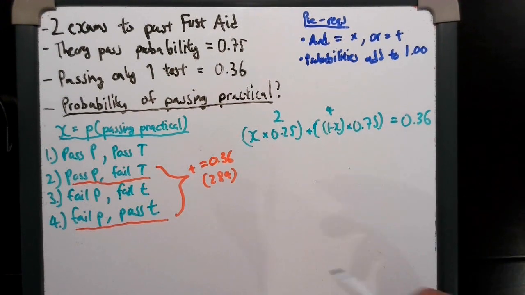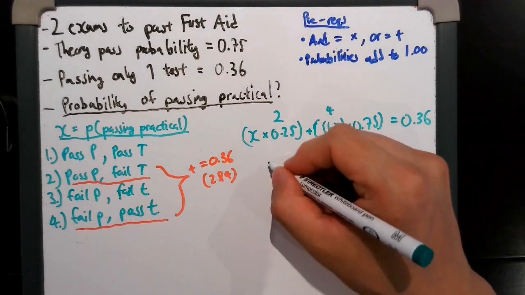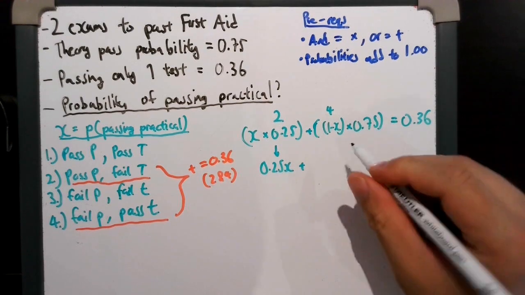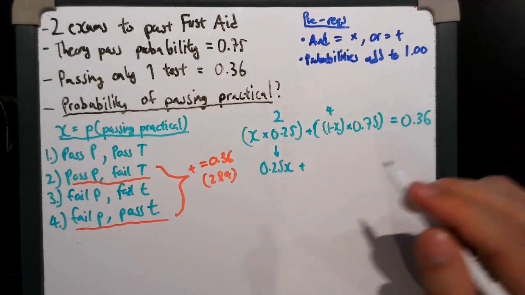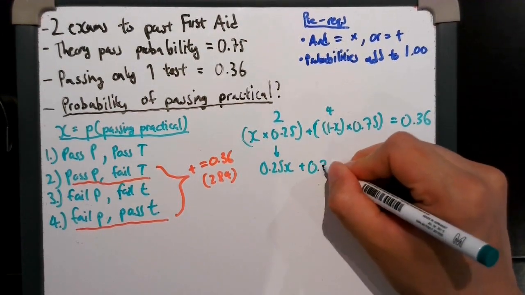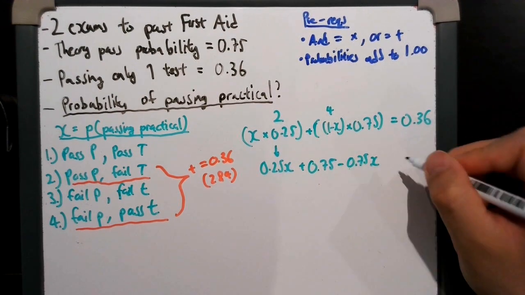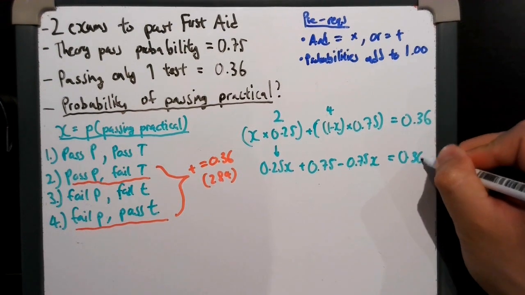So we can expand this and combine like terms. I'll do it a bit slowly first. So this just goes to 0.25x plus, we multiply the whole bracket by 0.75, so it's plus 0.75 minus 0.75x equals 0.36.